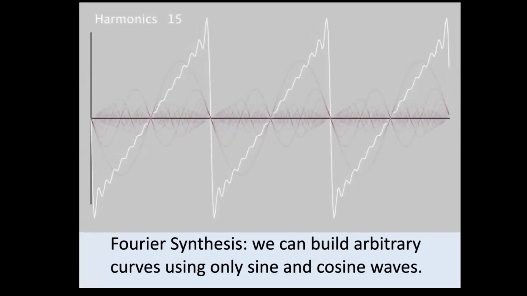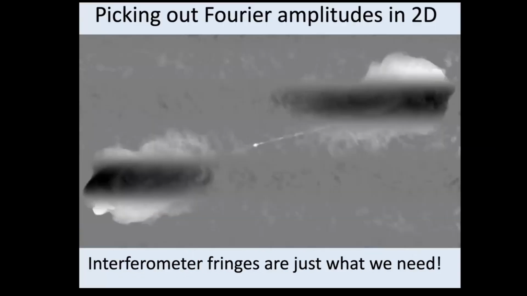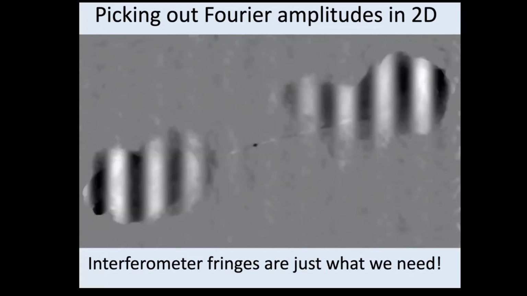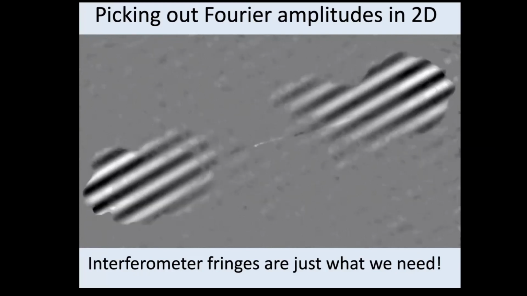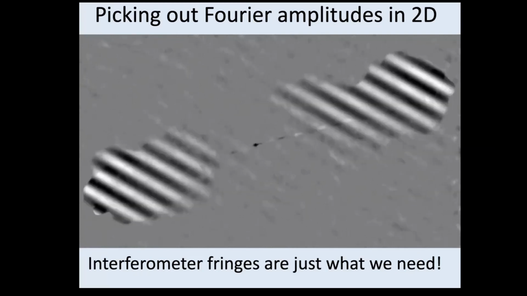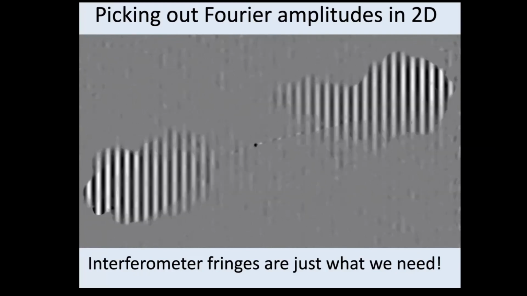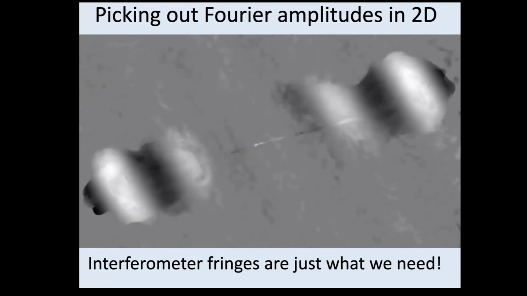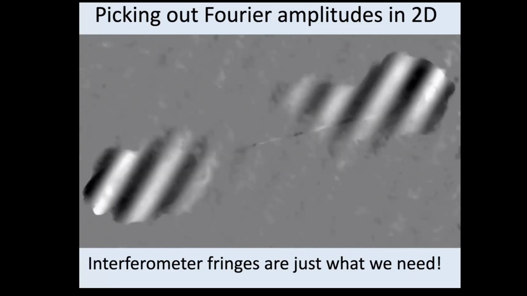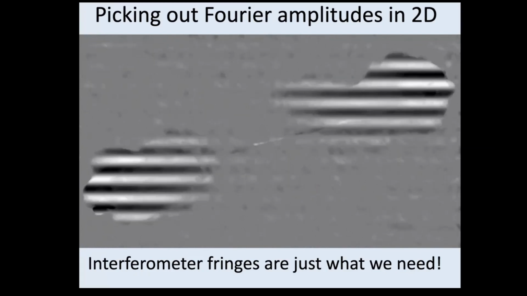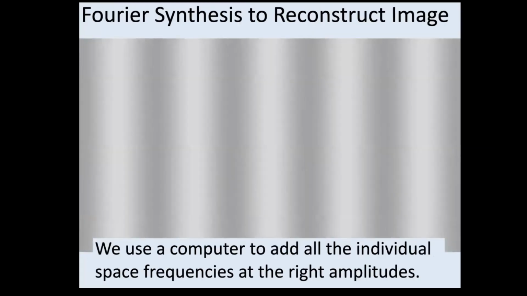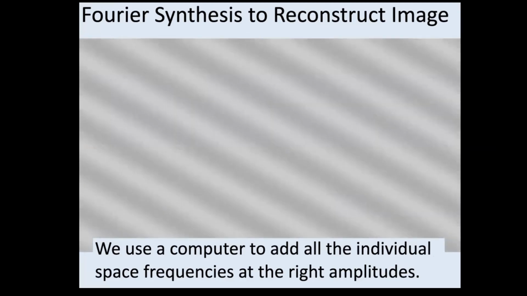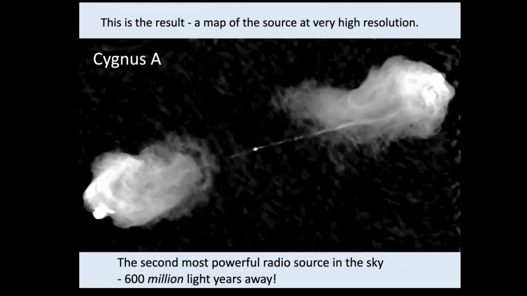Too complicated to do now, but we can do it in 2 dimensions. And it turns out that interferometers are the way to extract the Fourier components of the brightness distribution on the sky. And we can then use a computer to add everything up to recreate an image on the sky.